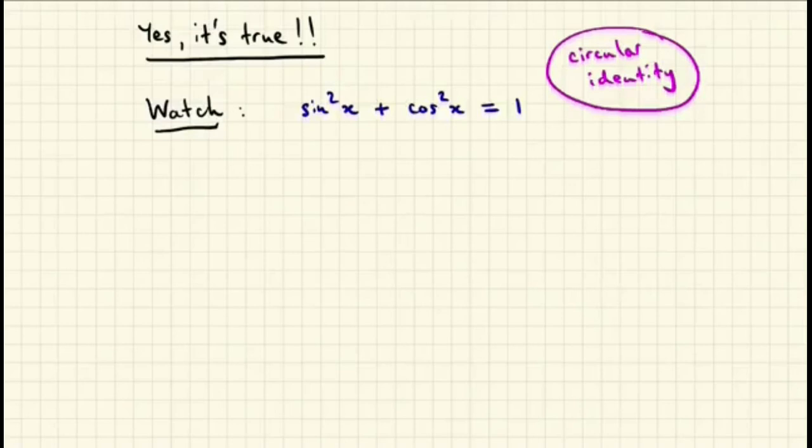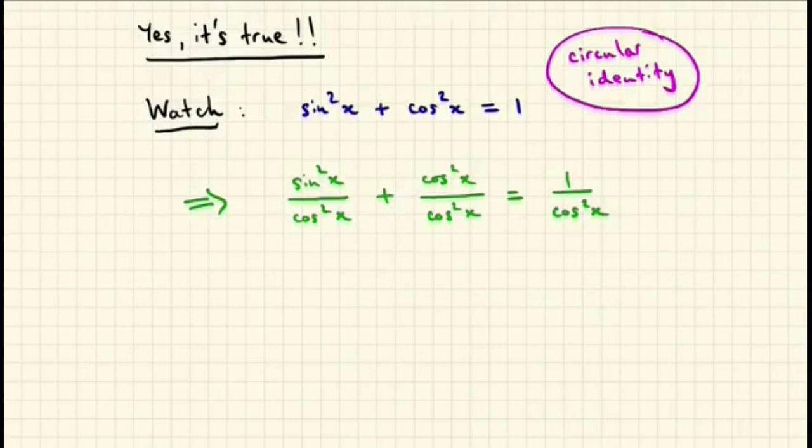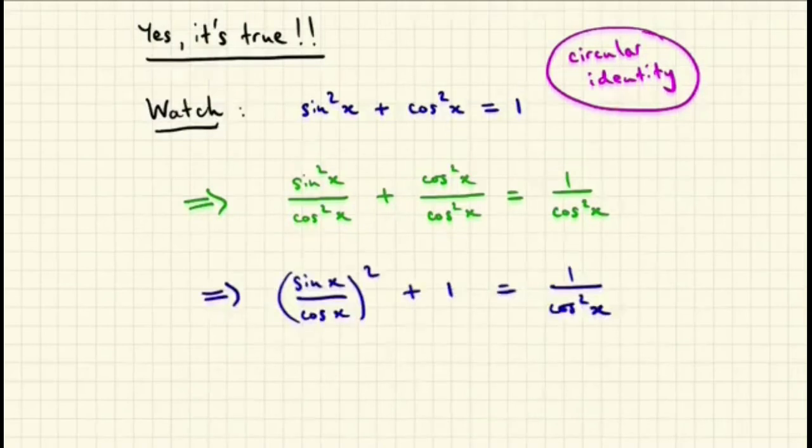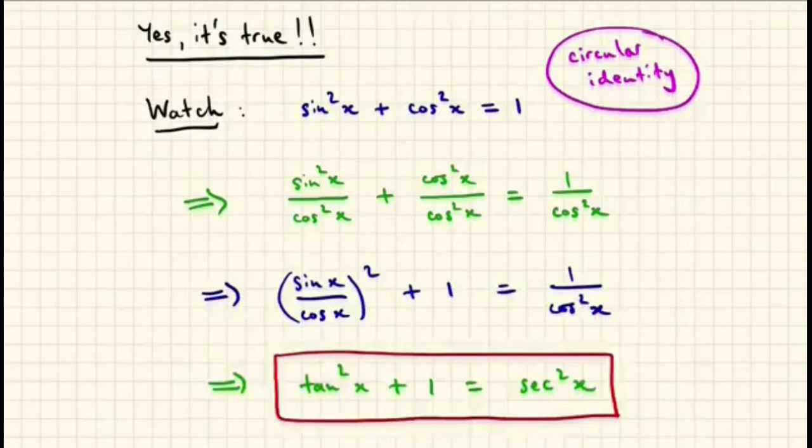This becomes sine x over cos x all squared plus 1 equals 1 over cos squared x, which can be rewritten as tan squared x plus 1 equals sec squared x.